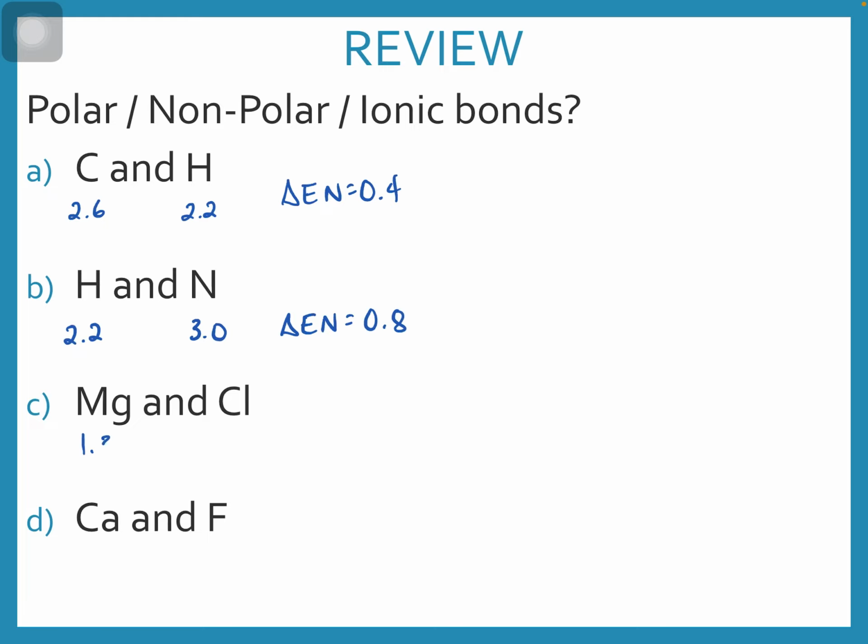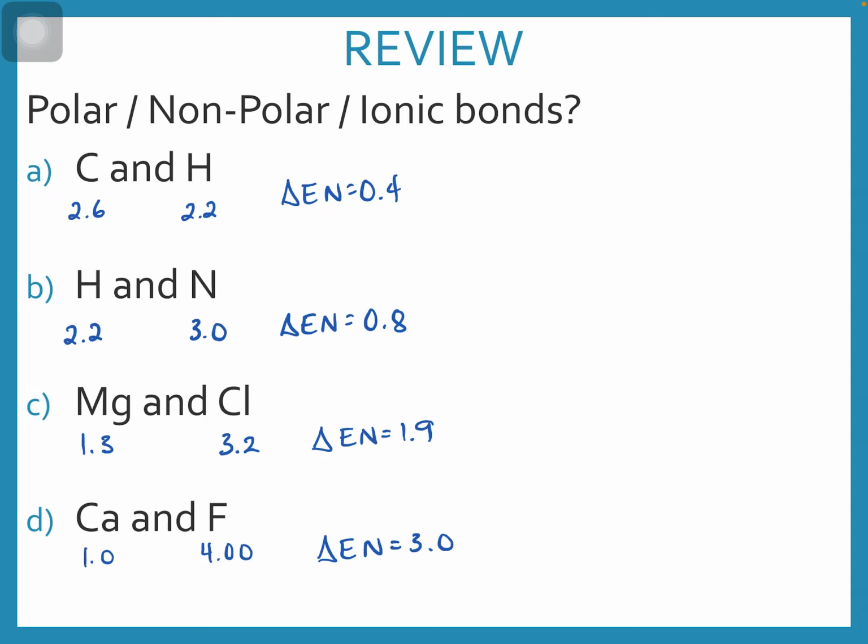Magnesium is 1.3 and chlorine is 3.2, so the difference between those two values is 1.9. And calcium is 1 and fluorine is 4, so the difference between those electronegativities is 3.